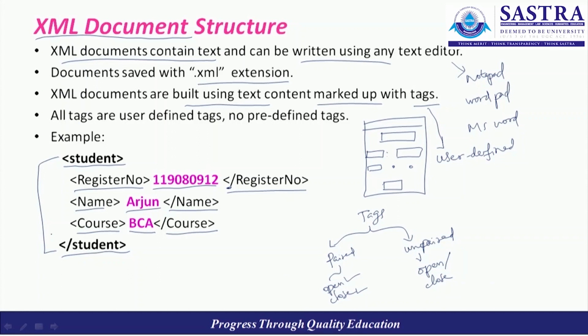In this XML document, what is the parent tag I have created? Student. So this is the parent tag, and register number, name, course are child tags. Student, /student, has three child elements, and all the child elements are closed properly.